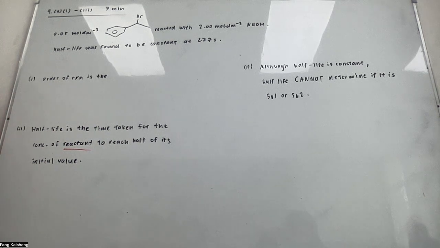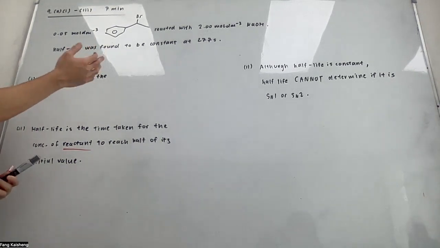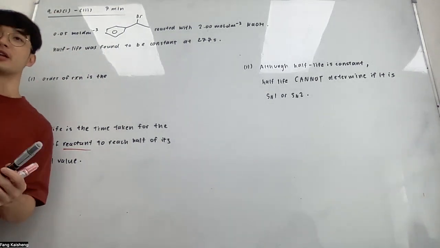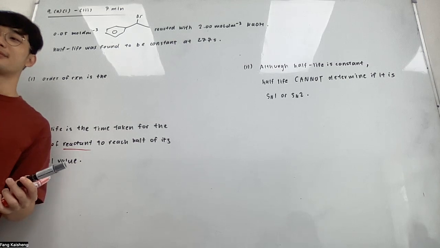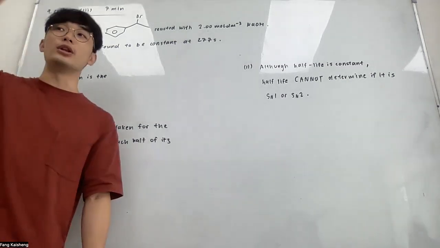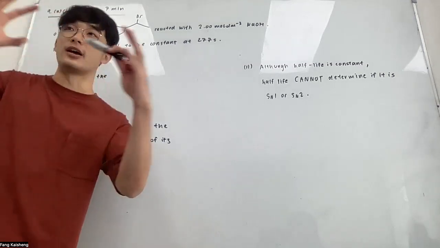For order of reaction, I'm sure every one of you knows what order of reaction is and what it means, but you do not know how to define it. Honestly, it is quite stupid when you look at the definition. Order of reaction is the power, or let's say the coefficient, of the reactant. Which one is it? Is the order the power to the reactant or the coefficient of the reactant in the equation?